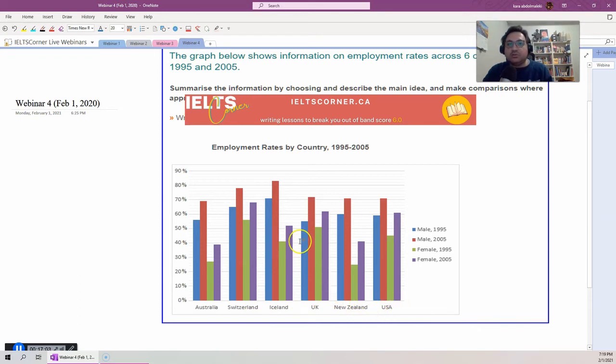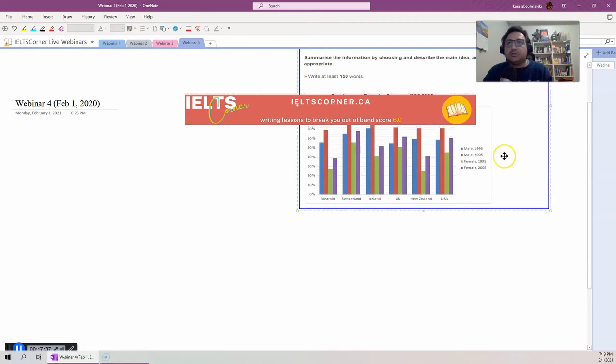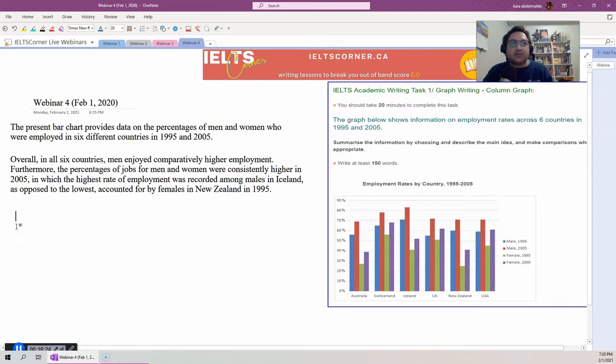Another reason to put the UK, New Zealand, and the USA together is because the number of males in 2005 in all three is very, very similar. In the UK it's a bit higher, maybe 1% higher, but it's very similar. So that makes sense to do. Based on that information, I am going to divide the countries into two sets, and for each set we are going to compare both genders and years.